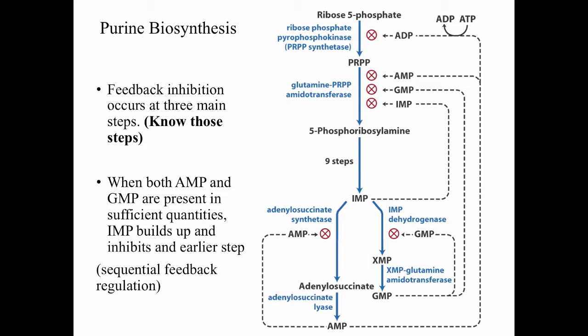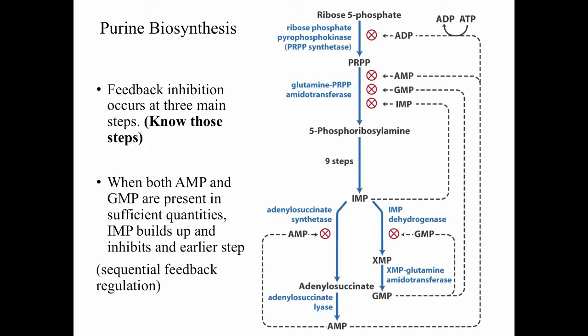So the first step in which ribose 5-phosphate is made into PRPP, that's a point of regulation, as well as the actual first step of purine synthesis, which is the conversion of PRPP into 5-phosphoribosylamine. That's a regulatory step.